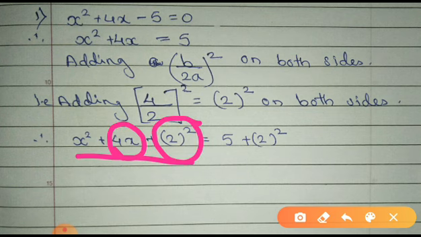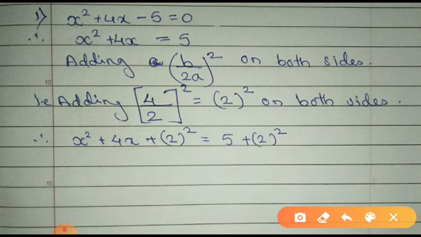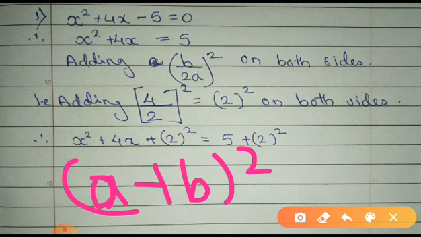Check the middle term, whether I am getting it in the form 2ab. 2ab here is 4. So can I write 2 into a, which is 1, and b, which is 2. So it is 4 itself. So which identity can I make use of? It will be a plus b whole square.